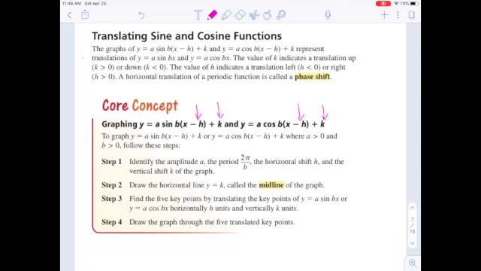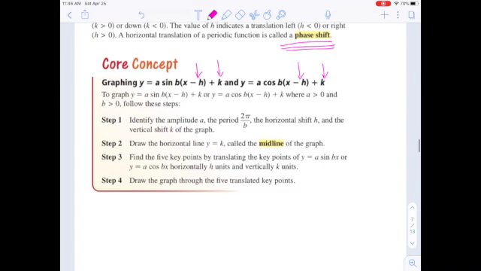If you have a horizontal translation of any periodic function, you're going to call that a phase shift. So when you pick up the graph and you move it to the right or to the left, you're actually causing a phase shift.